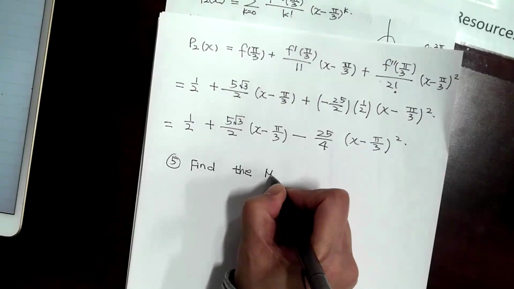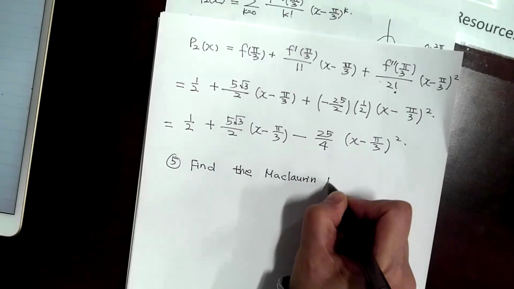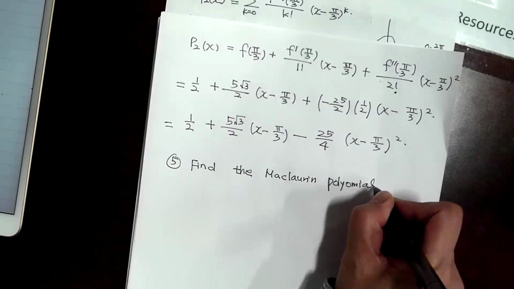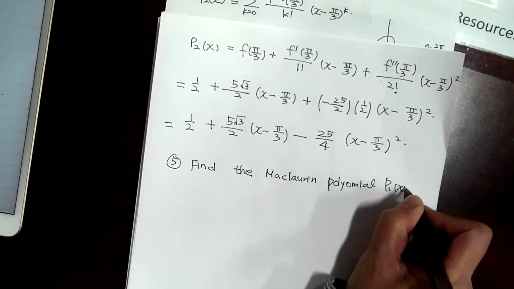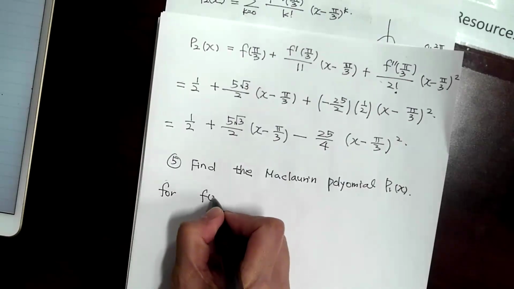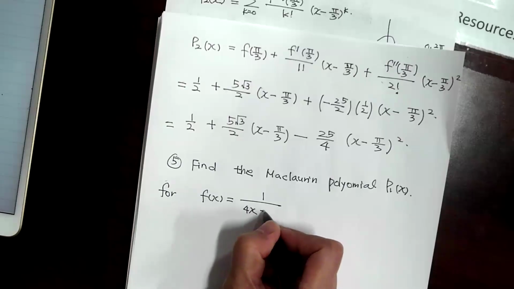Find the Maclaurin polynomial P1 of x for f of x equals 1 over 4x plus 8.